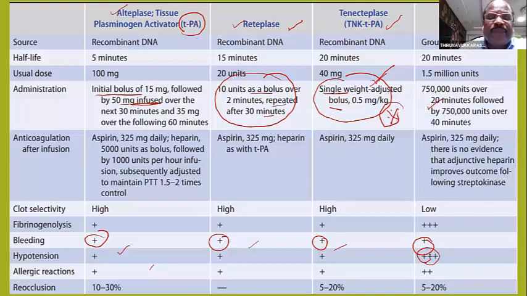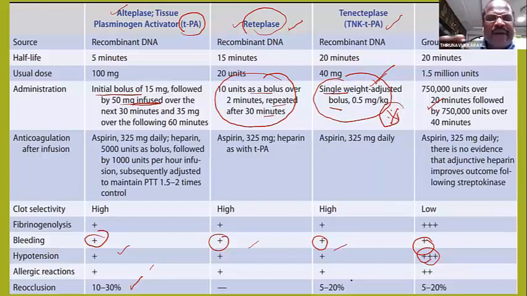And there is reocclusion, even after thrombolysis. The chance of reocclusion is about 10 to 30% with alteplase, and reteplase has almost no risk of reocclusion. With single-dose tenecteplase, there is a 5 to 20% possibility of reocclusion also.